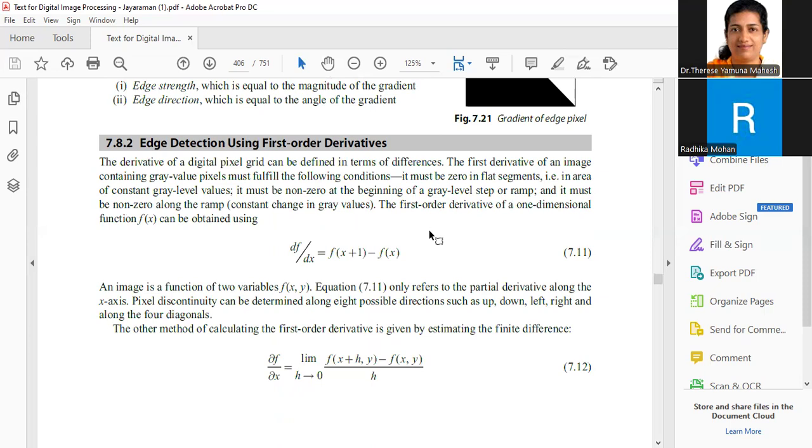When it comes to an image, we can consider the neighbors of the pixels: 4 neighbors, 8 neighbors, diagonal neighbors. Let me see if I can draw this here.